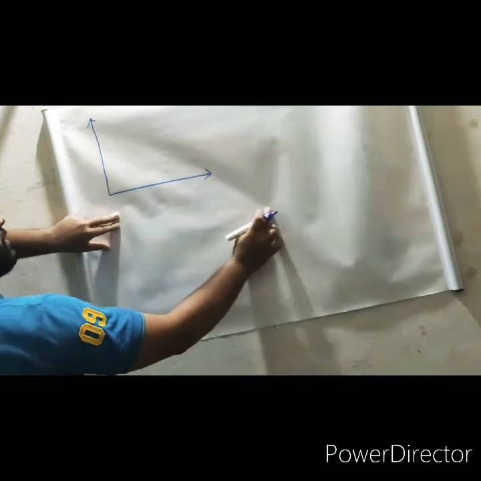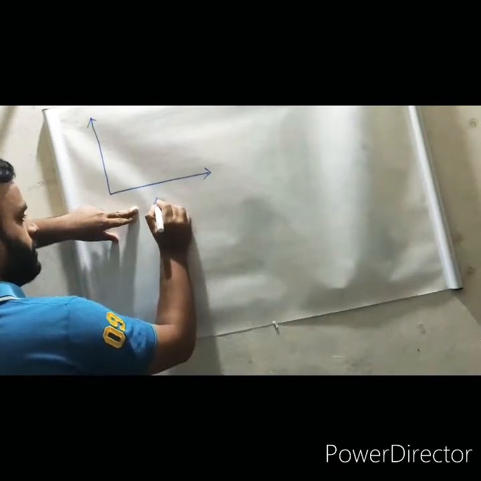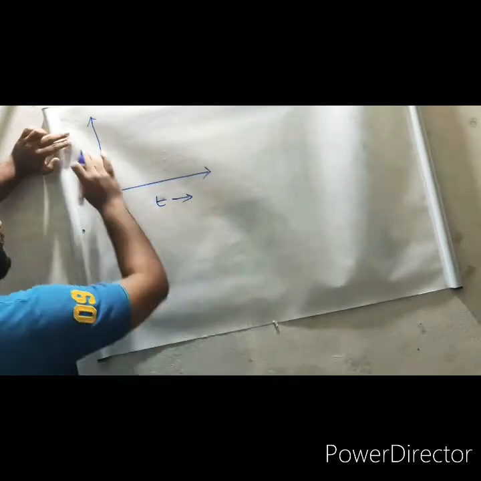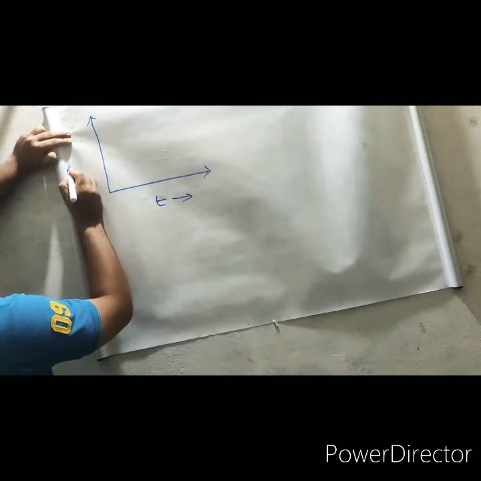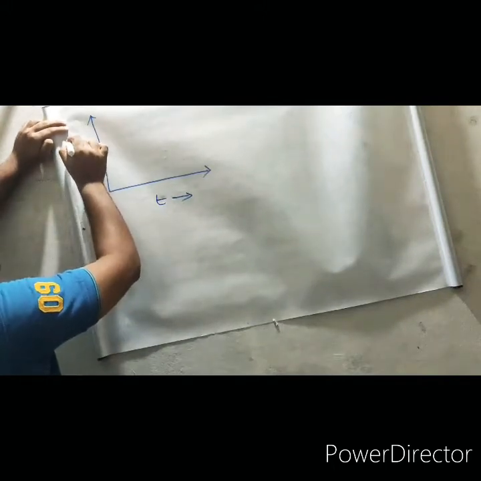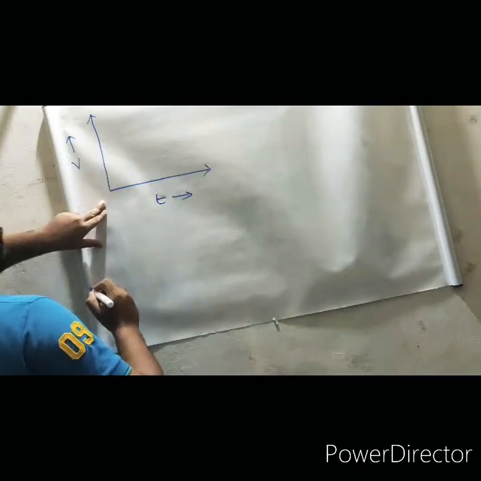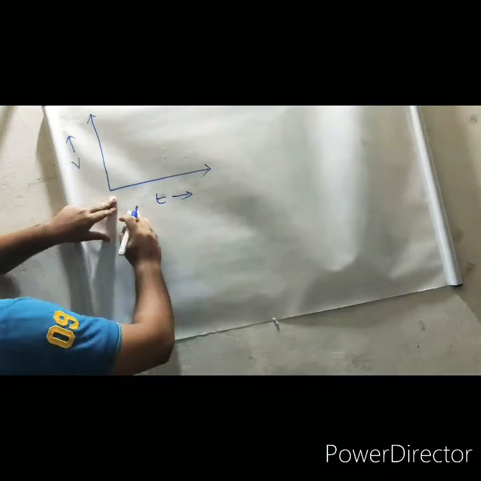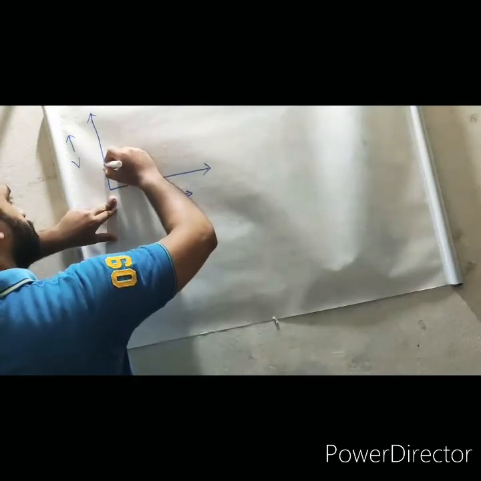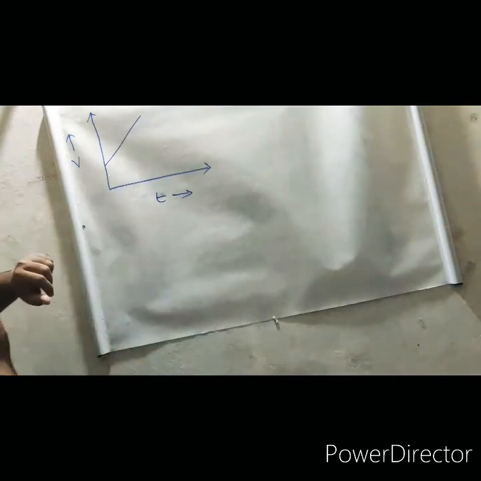On the x-axis we can plot the quantity time, and on the y-axis we can plot the quantity velocity, and the object is moving with uniform acceleration, so the graph will be like this.